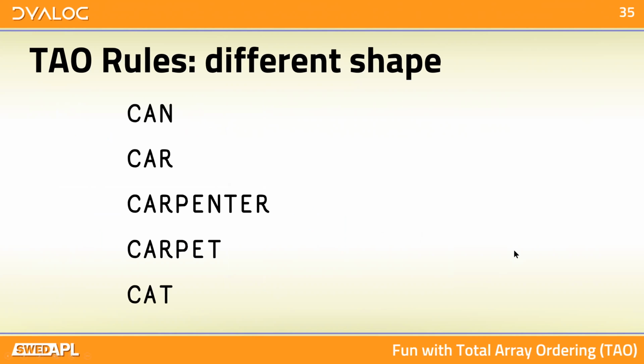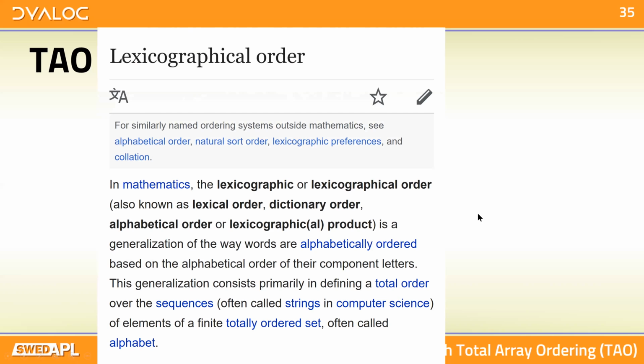Right, that's all very good for things that have the same shape. But what if they have different shapes? You go element by element, and eventually you run out of elements to compare. There's nothing there. So you can have a word list where some of them have a shorter length, some of them have a longer length. What are we going to do about that? We had a discussion and settled on something called lexicographical order.